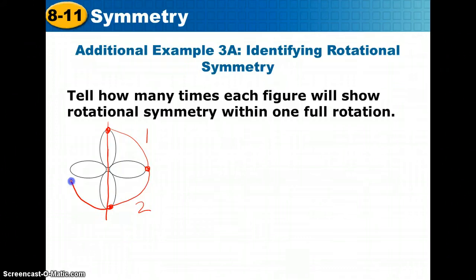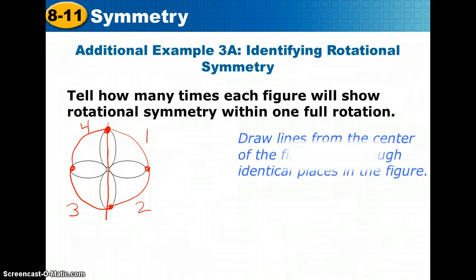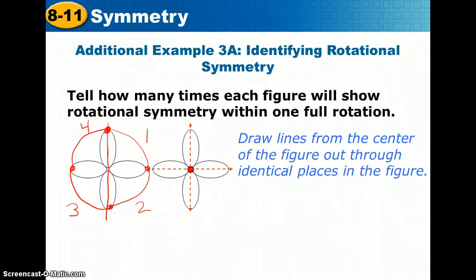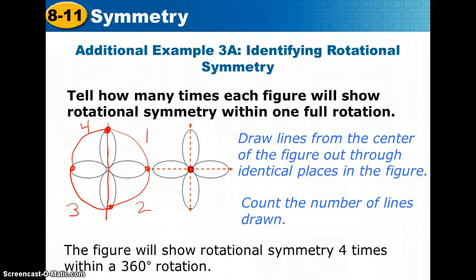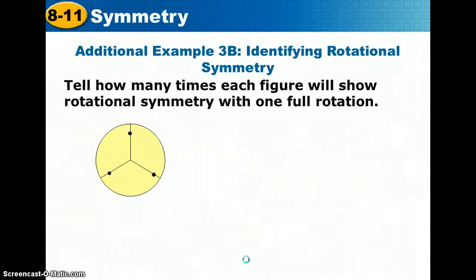This point is now going to here. My third rotation. And I've got to get it back to home plate. And that is my 4th rotation. How many lines did we get to draw? 4. 1, 2, 3, 4. So there are 4 times within a 360 or full circle rotation.